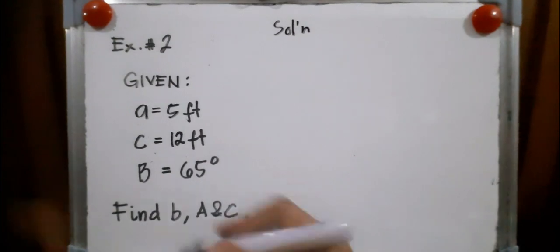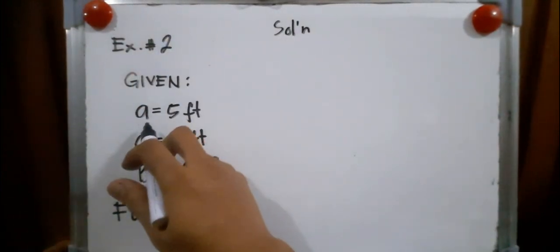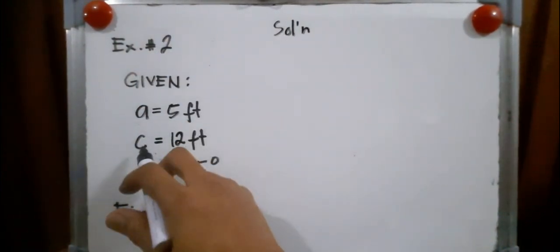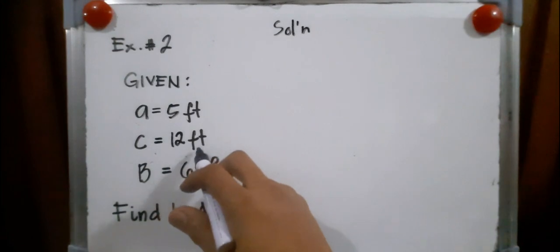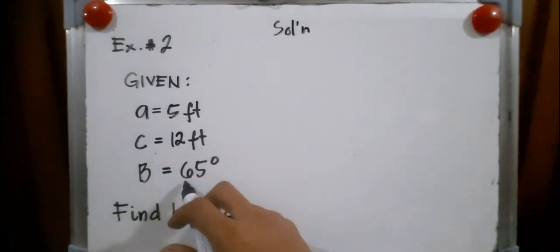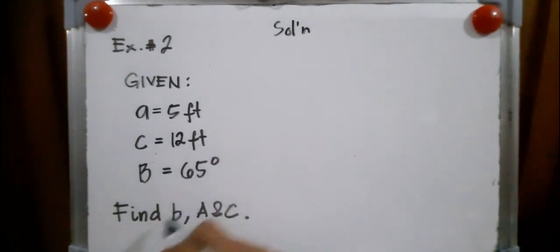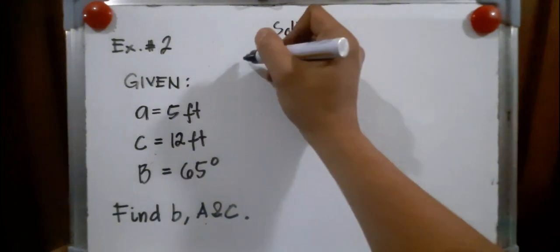Okay, let us proceed. Example number 2. Given: side A is equal to 5 feet and side C is equal to 12 feet, while angle B is equal to 65 degrees. Let us find side B, angle A, and angle C. Again, let's use cosine law.